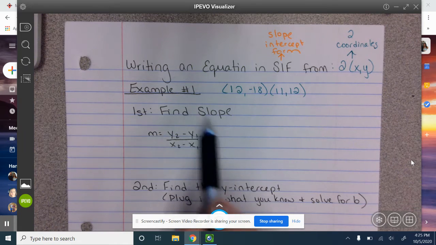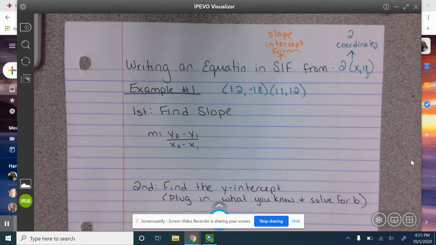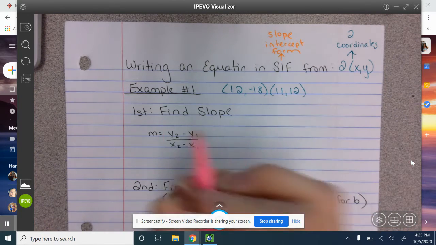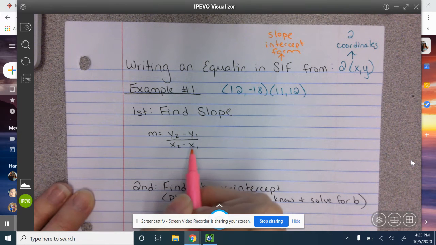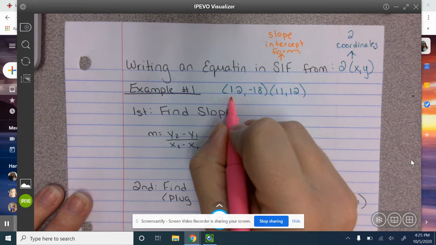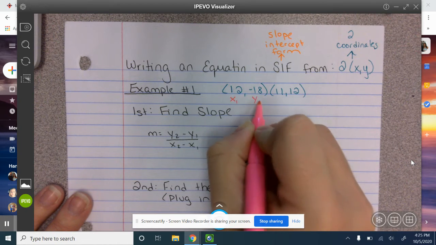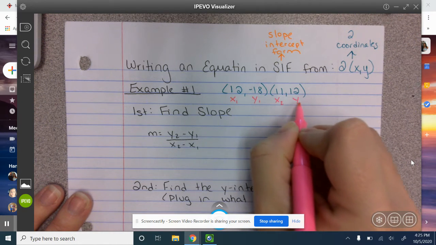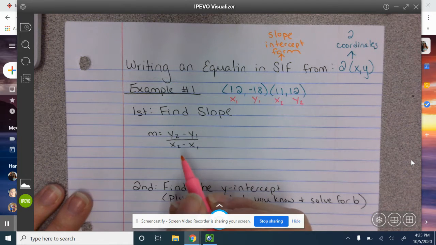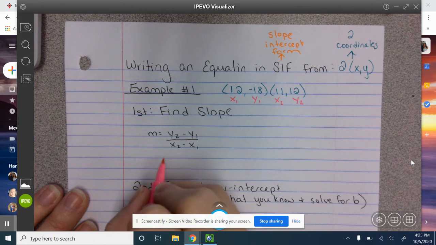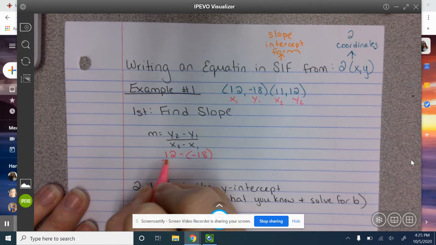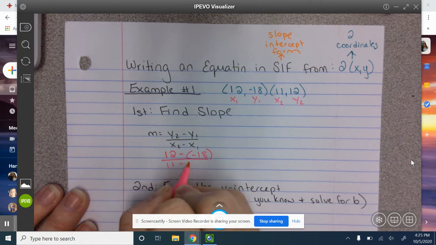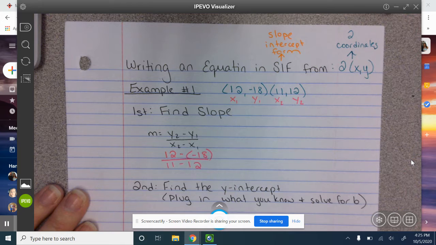Now, our first thing we need to do is to find the slope. So our formula I have written out for you is y2 minus y1 over x2 minus x1. And remember, up here, this is x1, y1, x2, y2. So when I go to plug in, I'm going to have 12 minus -18 over 11 minus 12.